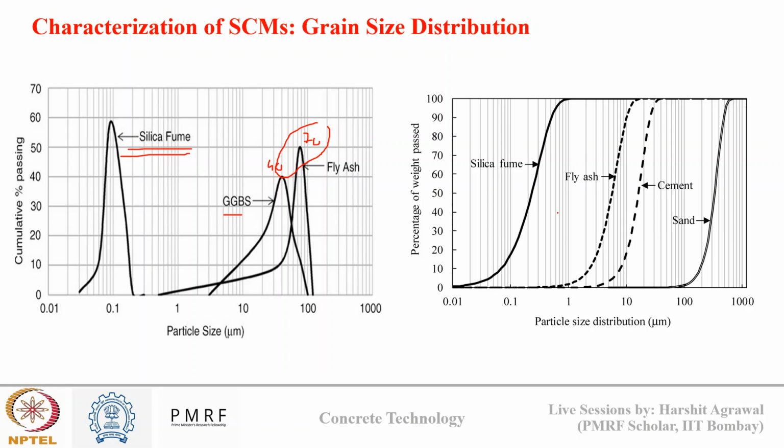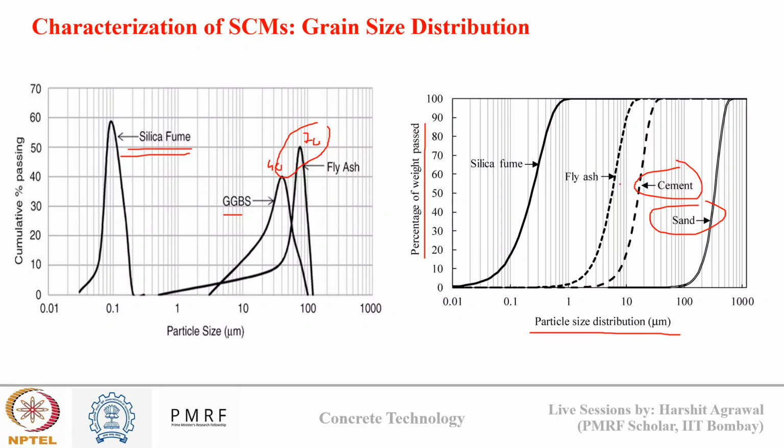The same thing you can see in the second figure also, where we have grain size distribution represented by percentage of weight passing versus particle size. Compared to sand, you can see OPC is finer.